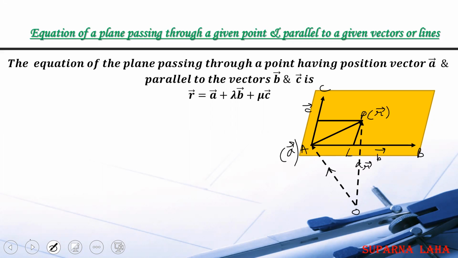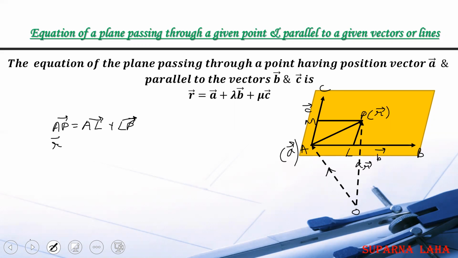So this is L and this is M. So we can write vector AP equals AL plus LP. Right? Now what is vector AP?